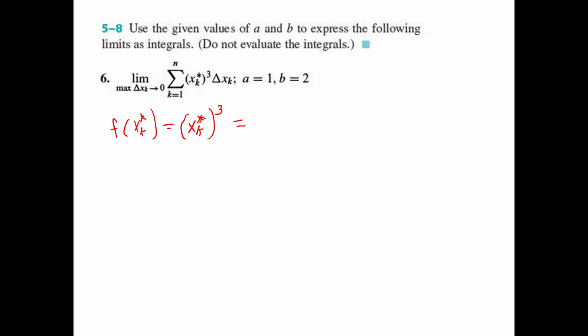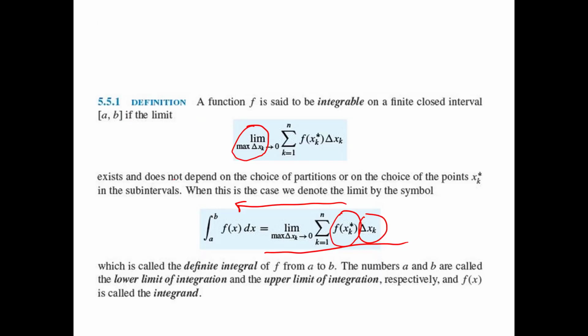And so that means that f of x is x cubed, right? And so this we would write as the definite integral from a is 1 to b is 2 of f of x, which is x cubed, and then the delta x we put in dx, right? And so that's how that looks.